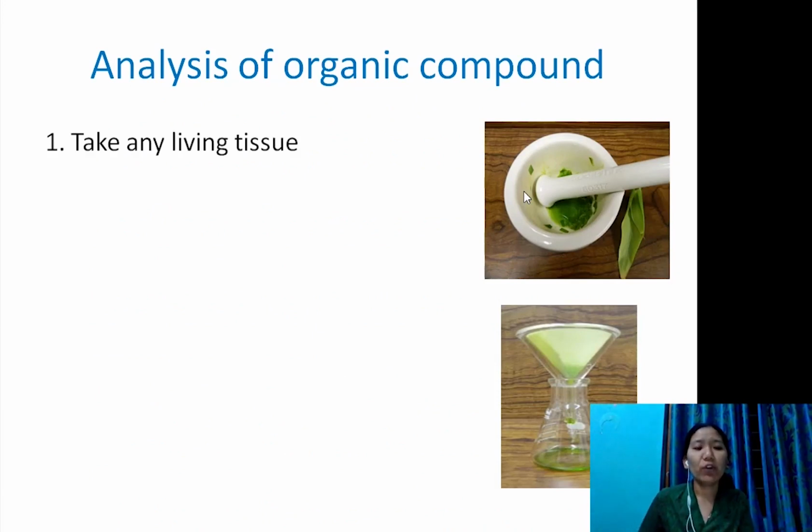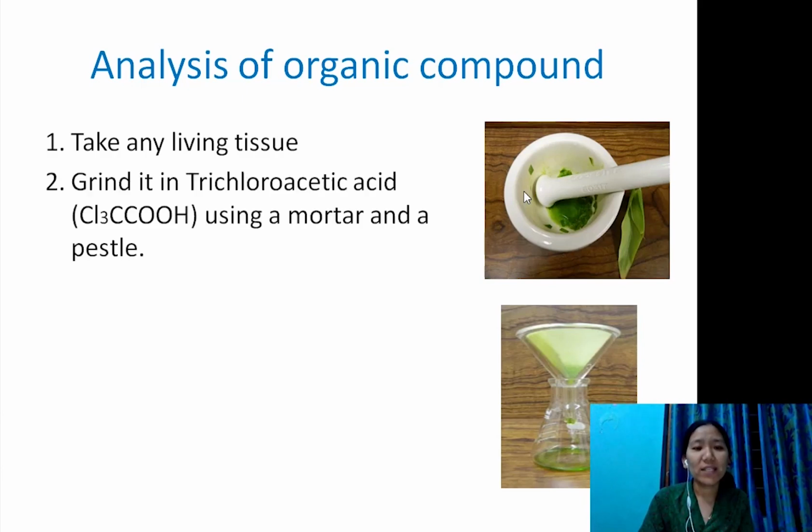For that, we take any living tissue, it can be a leaf or animal tissue like liver, and grind it in trichloroacetic acid using a mortar and pestle. This equipment here is called the mortar and this is the pestle, used to grind the living tissues. When you grind them, you get a thick slurry, and this thick slurry is strained through cheesecloth or cotton.